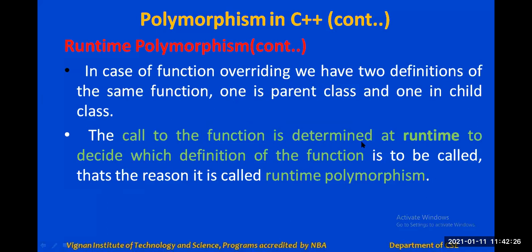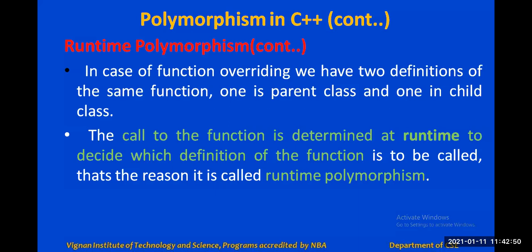And the call to the function definition. Whatever two definitions there are of the same function, the call to that function definition is determined at runtime. So which function definition has to be called, either the definition in the base class or the definition in the derived class or child class.